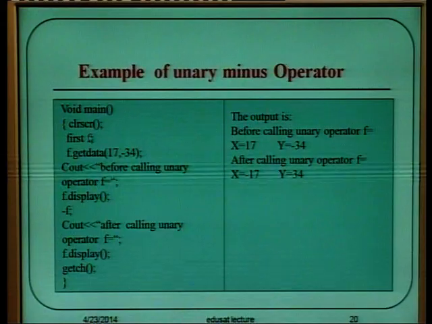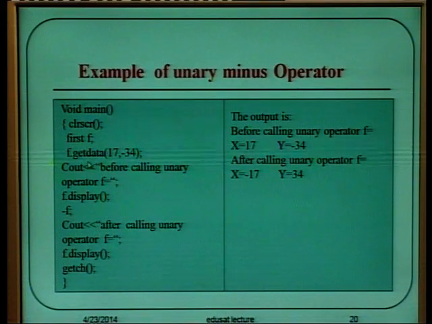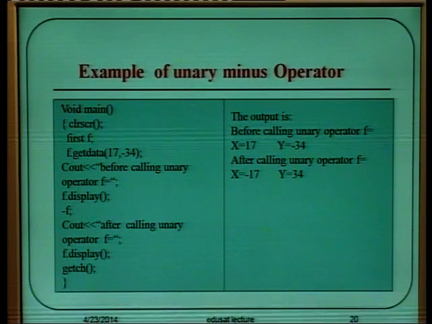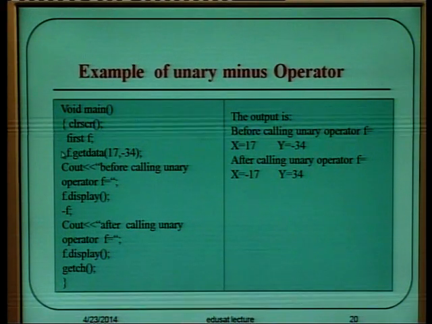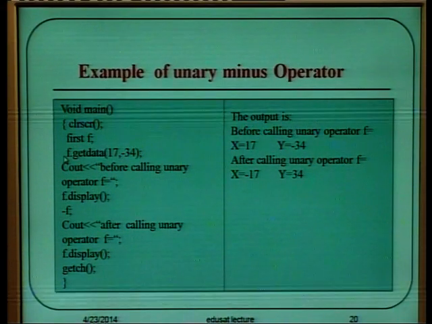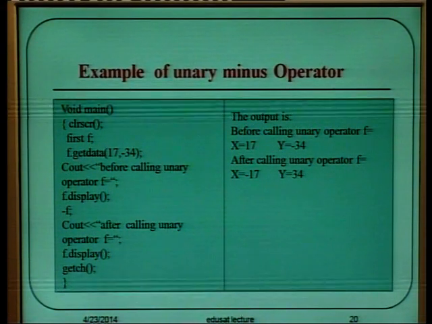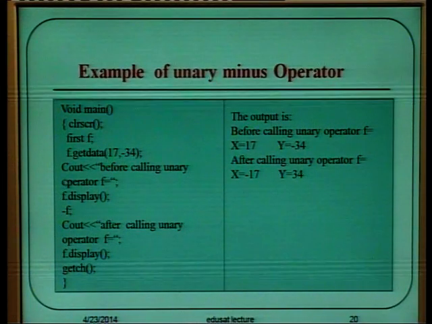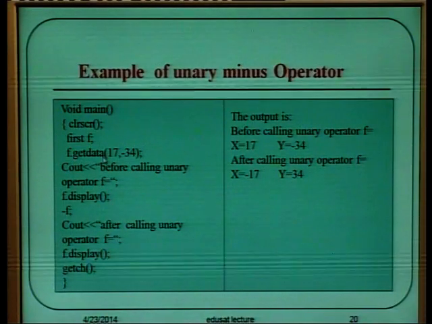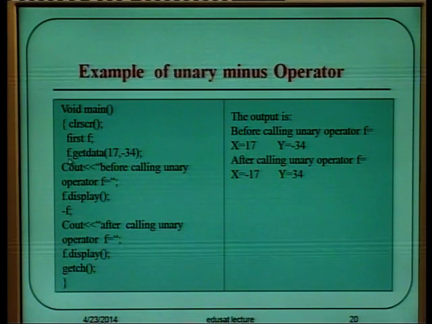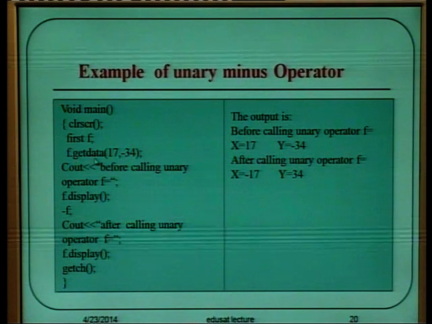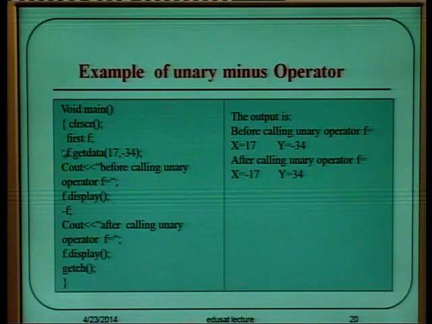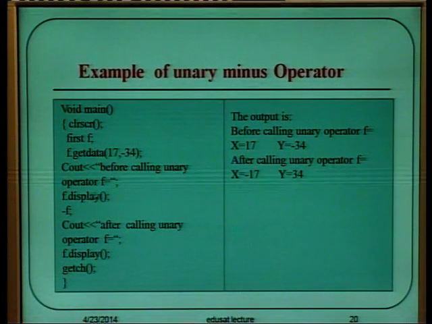And here is the main function, and how we call the operator overloaded functions. Like simple function calls, with the object dot name of the function, and if there is any argument, we pass it within the braces. Here we are calling the simple member function with object dot function and passing two arguments. Next, cout before calling the unary operator.